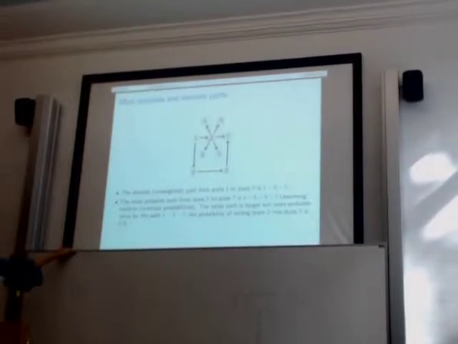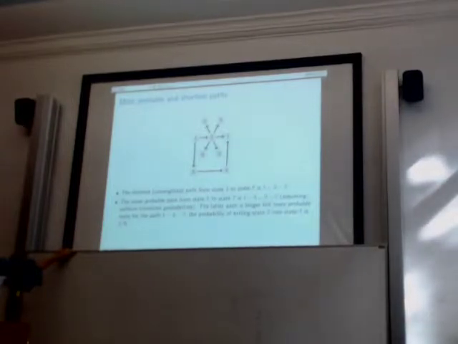Or if you're in state 2, you can go to state 3, 4, 5, 6, and 7 with equal probability. So that'll be 1 over 5, because there are 5 possible states you can go to from state 2. I'm just going to assume that. I could write all these down. Okay? So if you're in state 9, you have to go with probability 1 to state 7.